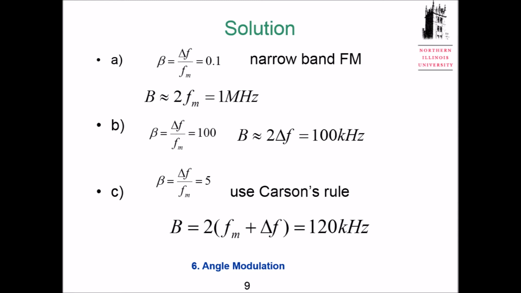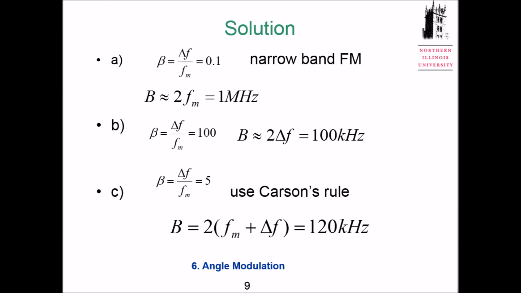Okay, so here, right? We have narrow band FM, beta 0.1. Wide band FM, large beta, the bandwidth is 2 times my peak frequency deviation. When beta is 5, we use Carson's rule, so we get 120 kilohertz.